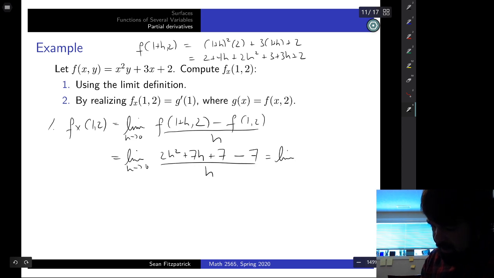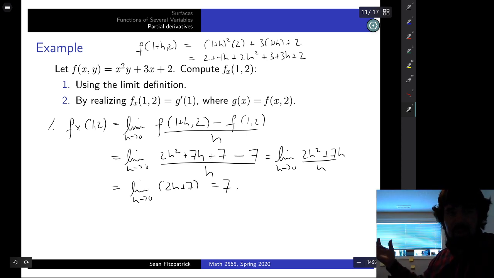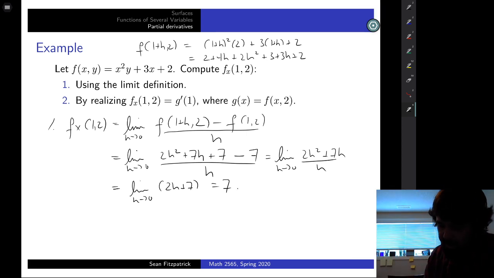So I get the limit as h goes to 0 of (2h squared plus 7h) over h. So that's the limit as h goes to 0 of 2h plus 7. Okay, so I get 7 for my answer. Fine.